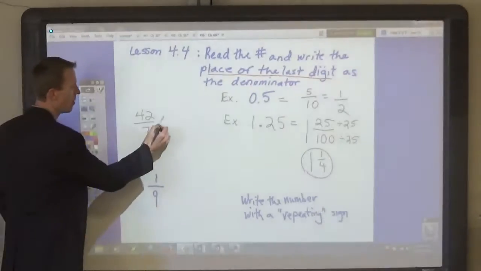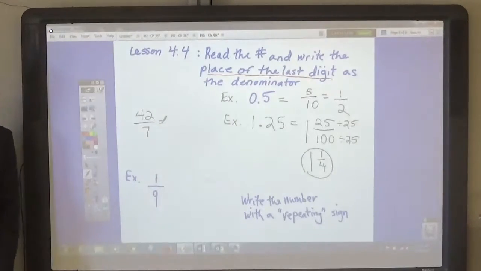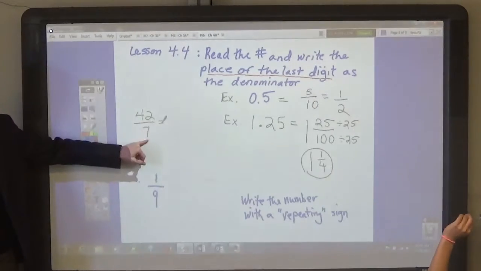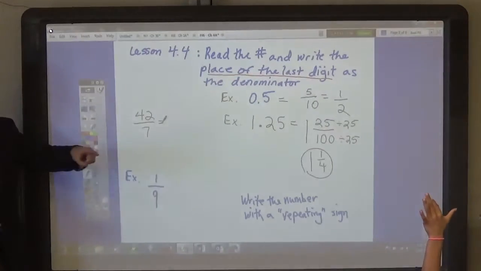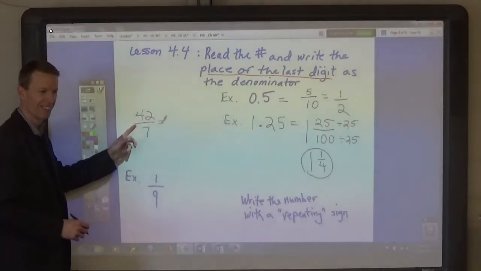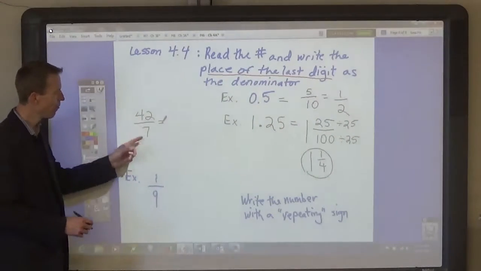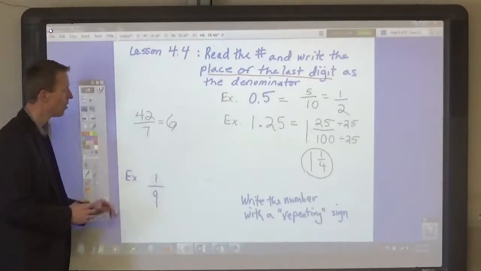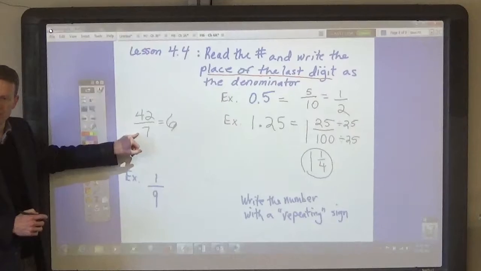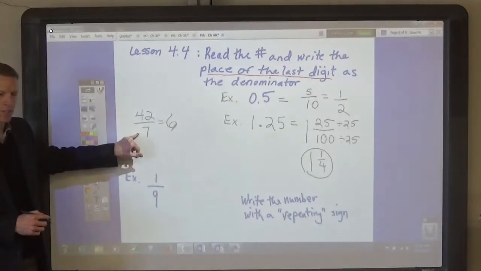How did you get the mixed number or reduce this? Use 42 divided by 7. Right. 42 divided by 7 is 6. You already know that you have to divide the top number by the bottom number. Well, that's what you do to convert it to a decimal.